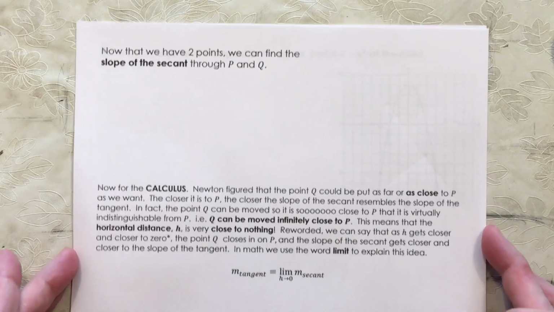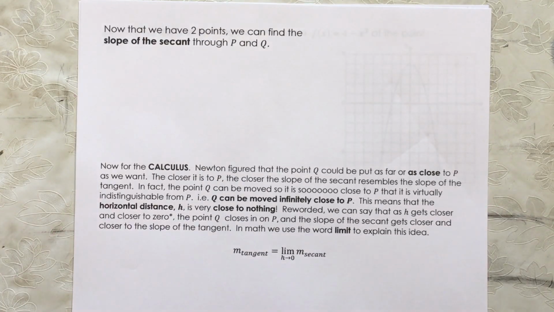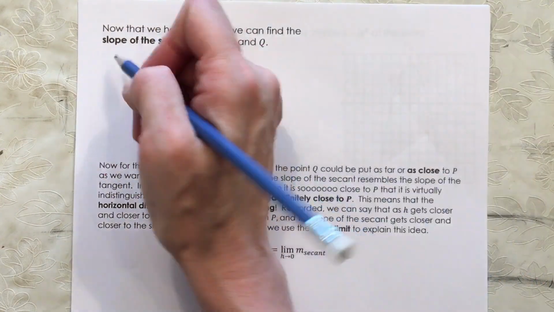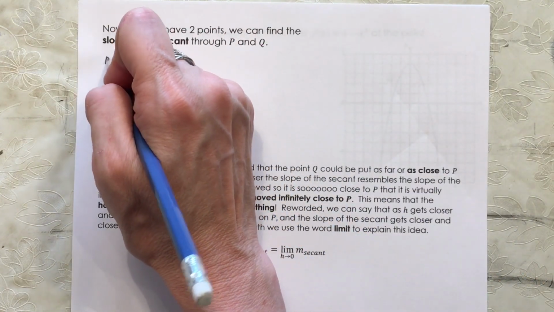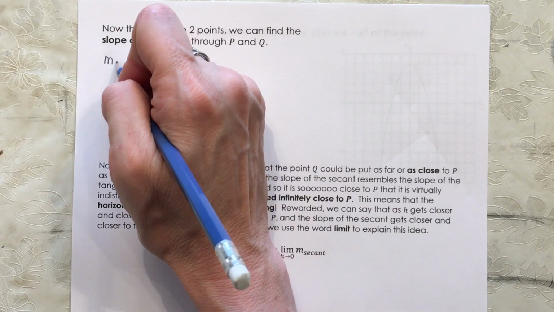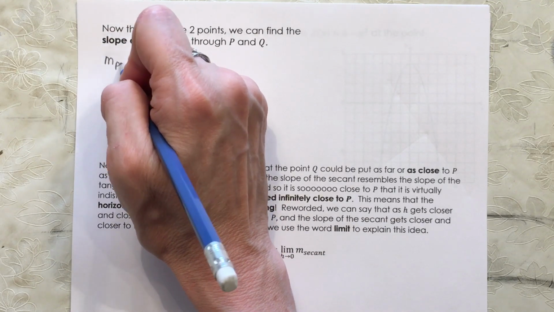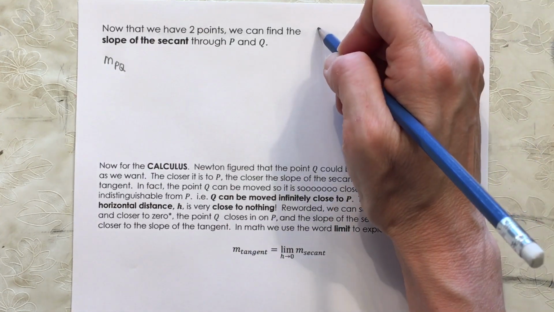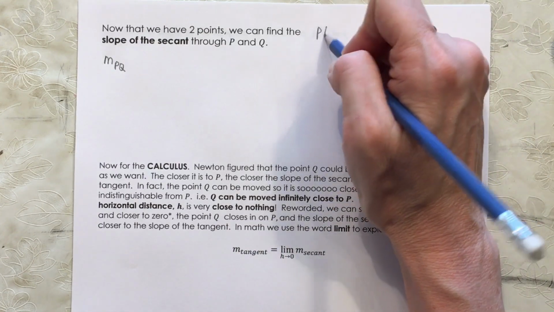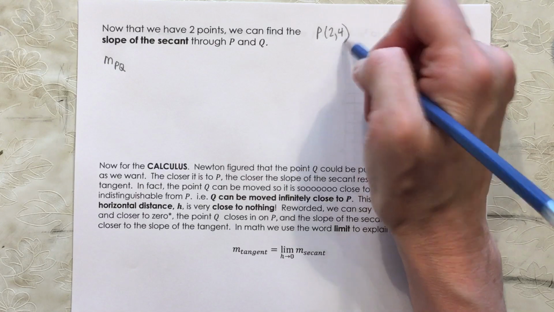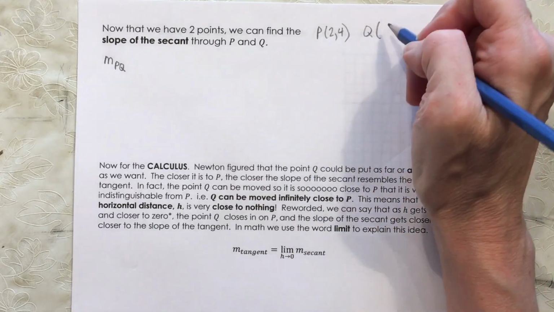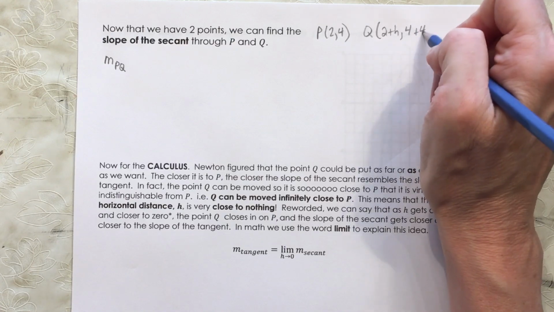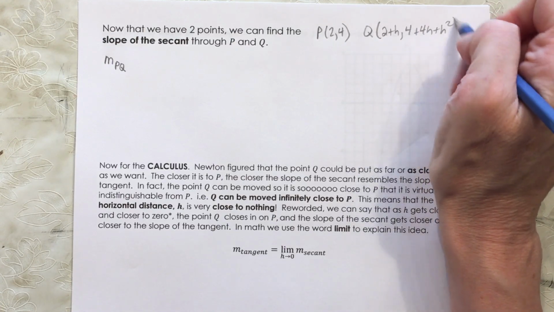So now that we have 2 points, we can find the slope of the secant through P and Q. We can call that either slope of PQ or slope of secant. And just reminding you again that P was (2, 4), and Q was (2 plus h, 4 plus 4h plus h squared).